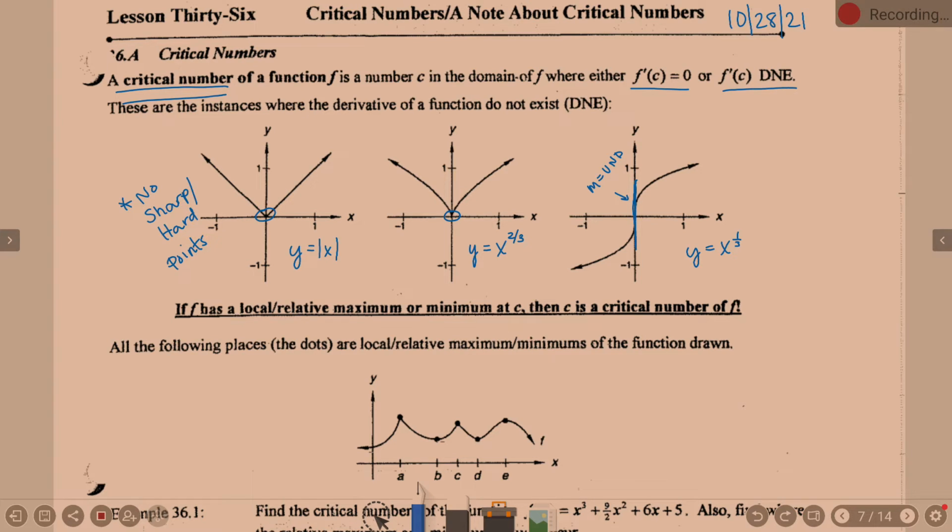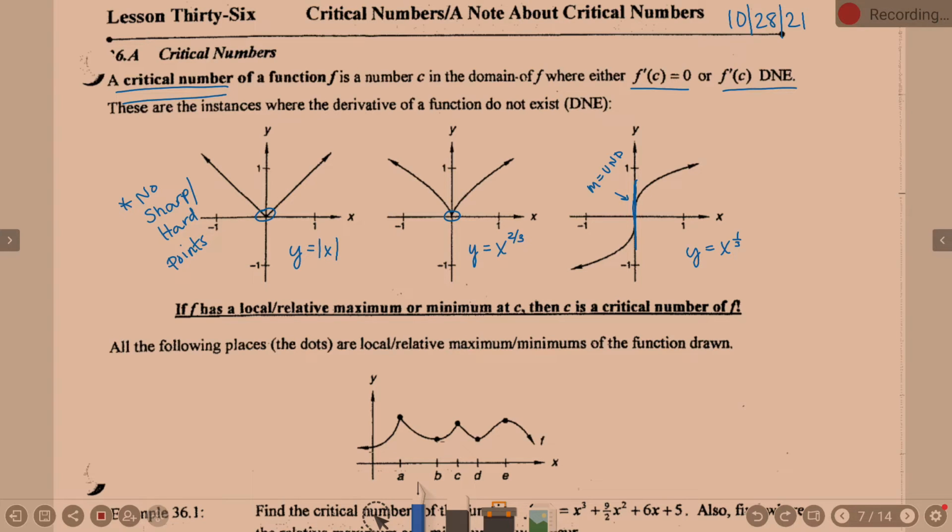When is a tangent line horizontal then? What characteristic is that graph going to have? At a max, you'll have a horizontal tangent line, and at a minimum, you'll have a horizontal tangent line. So critical points occur at these unique hard, sharp points, places where you get a vertical tangent, and where there are maxes and mins.